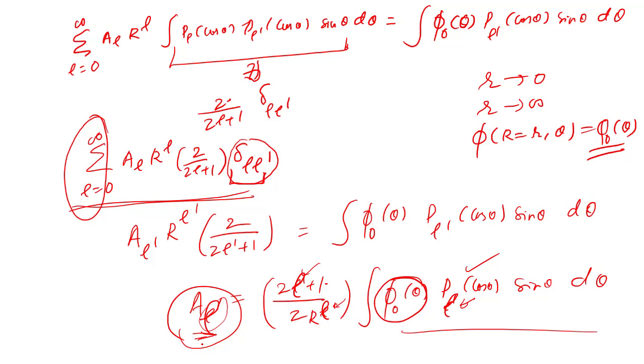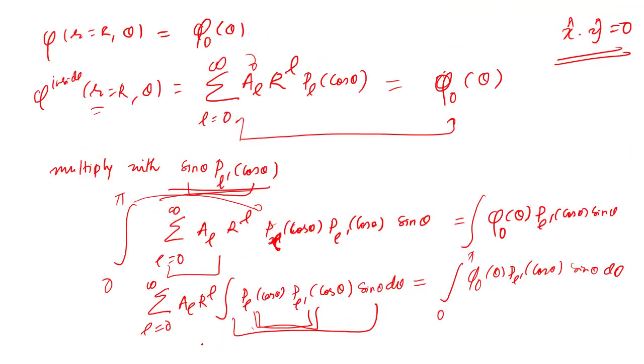Now we could do the same thing for outside, right? Here we started with the inside potential while setting the boundary condition, but even the outside potential should reach the same phi 0 of theta when you set r is equal to R. So we could do the same thing for phi outside.